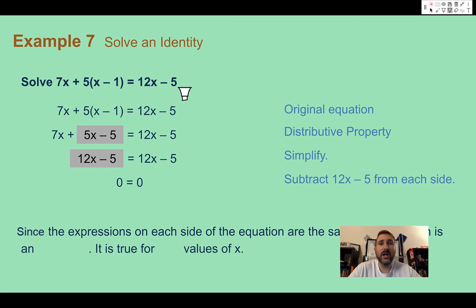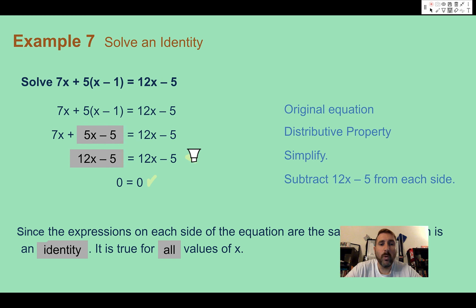We followed all of our properties that we needed to. Our variables canceled out, so we can't solve for the variable because it's gone. But we still end up with a true statement. That is called an identity. This means that it's true for all values of x, or also known as infinite solutions.